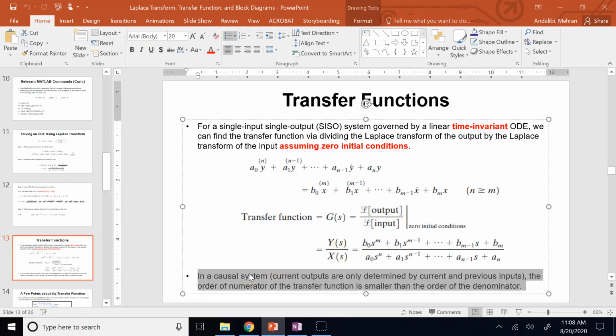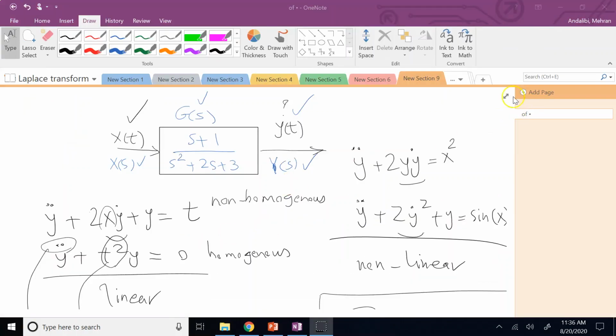And what is a causal system in the first place? Causal means the input is given to the system, the output is the result, or the input is the cause of the output. So in order for a system to have output, you need to have an input, right? Cause and effect. So let's look at an example here.